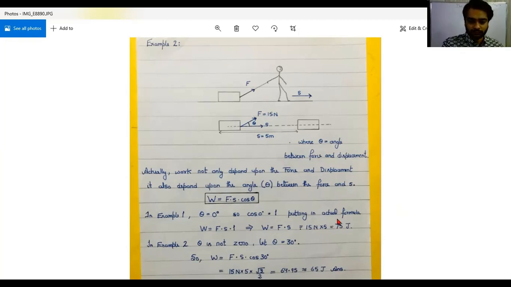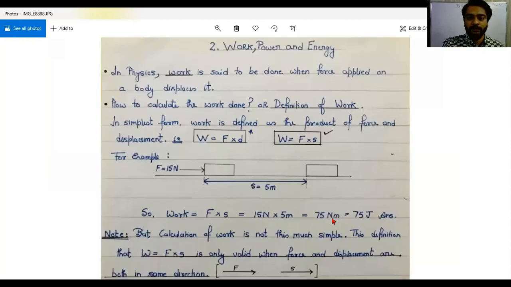Look. In the first example, we have force 15 Newton, we have displacement 5 meter, and what is the angle between force and displacement? Look at these two pens. Suppose this pen is representing the direction of force, and this is displacement. Both are in the same direction. So what is the angle here?